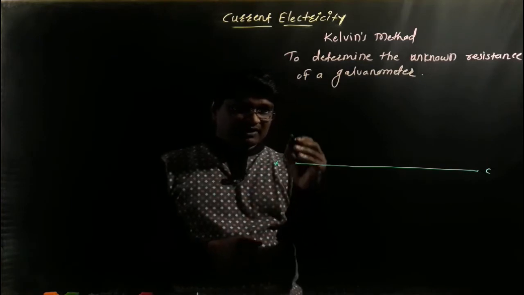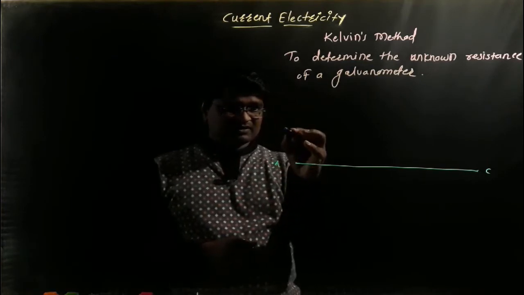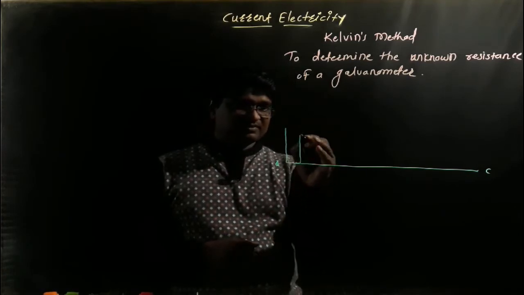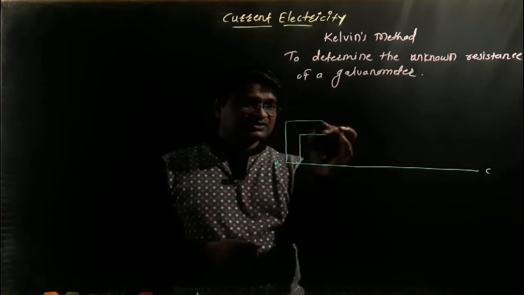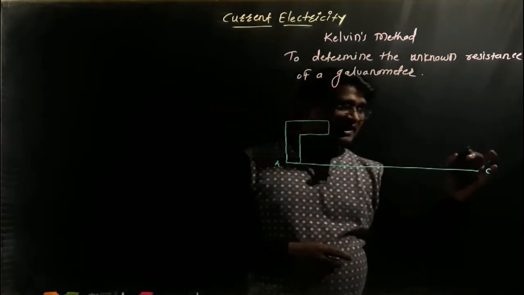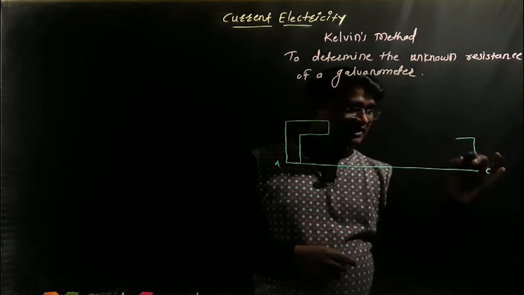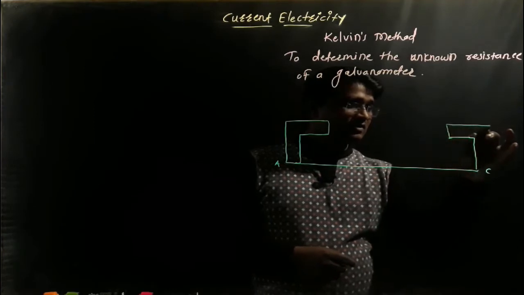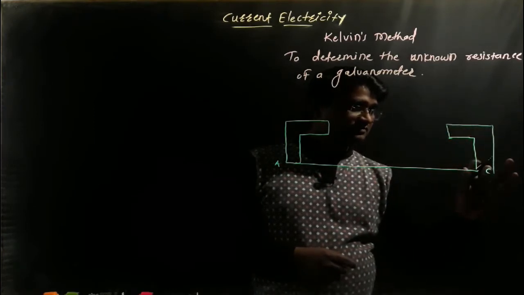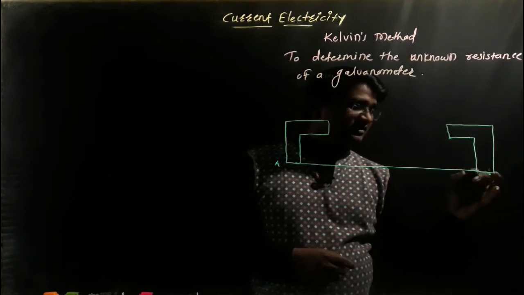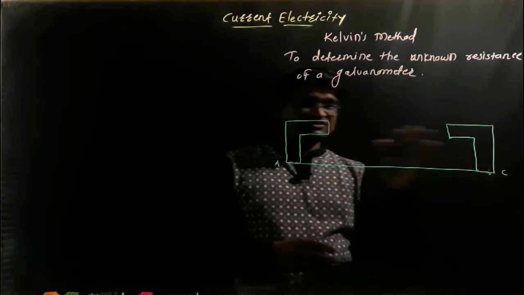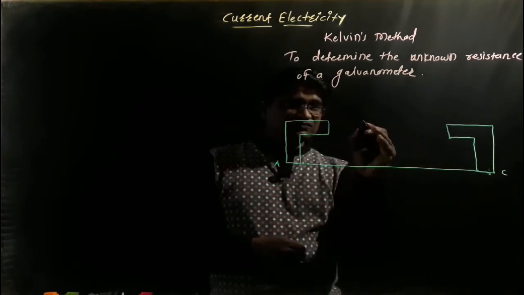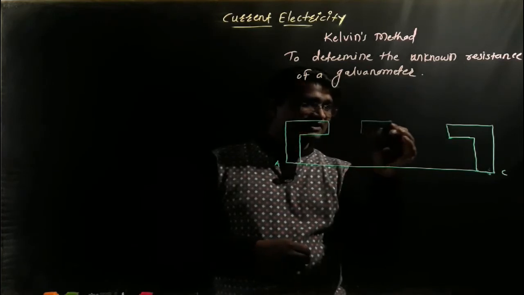At point A we fix an L-shaped metal strip, and we arrange the same kind of metal strip at point C. There are two L-shaped metal strips, at A and at C, and we arrange a central metal strip here.